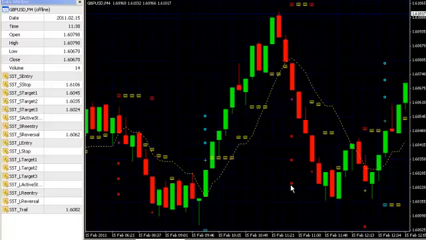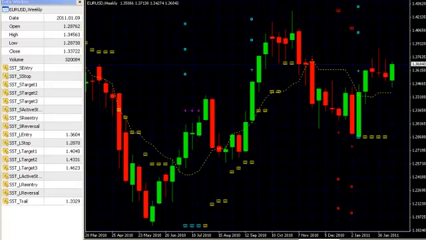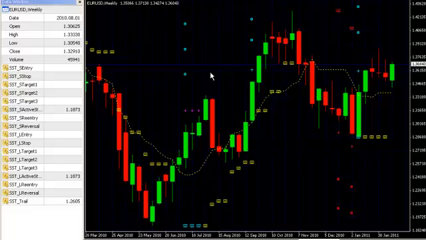But what about other instruments? Take a look at this Euro-US weekly chart. I mean, this is a big chart, a slow-moving chart. You can make a lot of money trading a chart like this in your retirement account, for example. You can see a nice winning trade coming down, down, down. And then a long trade, look at it, hitting full target, perfectly tuned to the market condition, even letting you add on, getting you a partial profit.